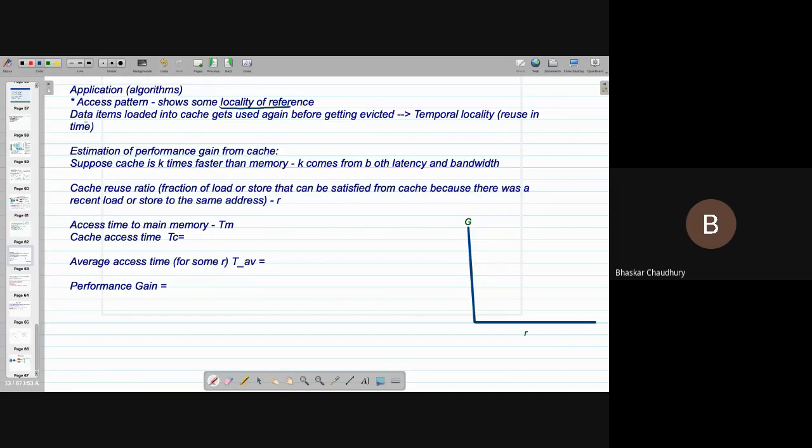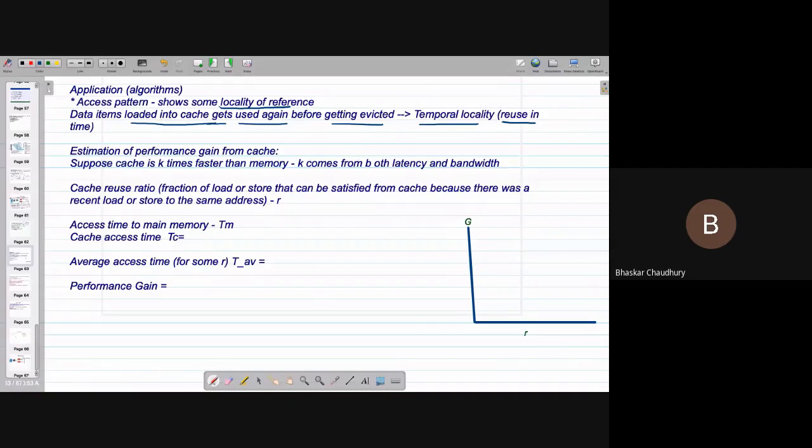What happens is data items get first into the cache and get used again before getting evicted. That's where the concept of temporal locality comes. Look into it very carefully, because there are 2 kinds of locality: temporal locality and spatial locality, which you might have already studied. But what is important here is that we are talking about reuse in time.